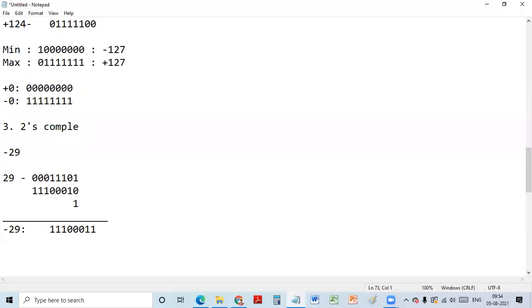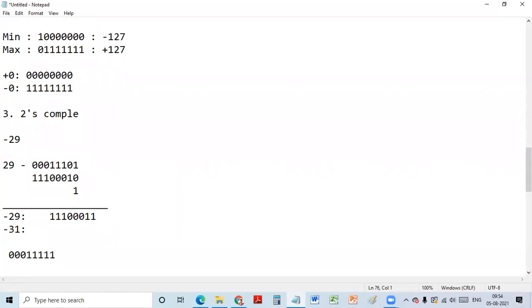Now move to the next example. What can be minus 31? First take plus 31. Plus 31 is 0, 0, 0, 1, 1, 1, 1, 1. This is plus 31. I want minus 31.